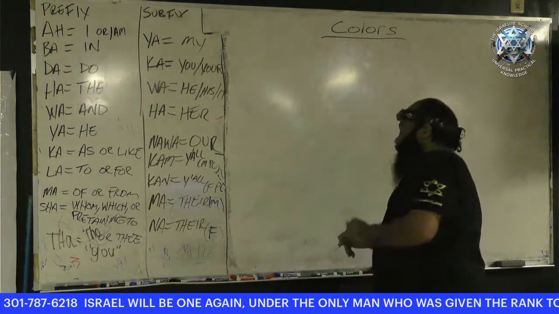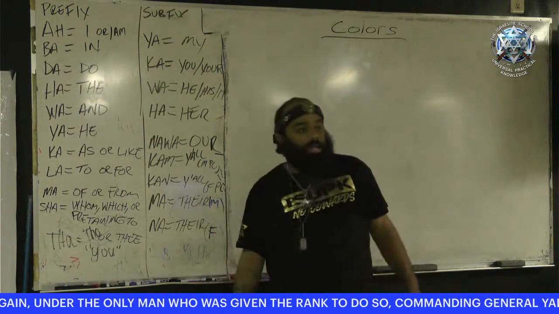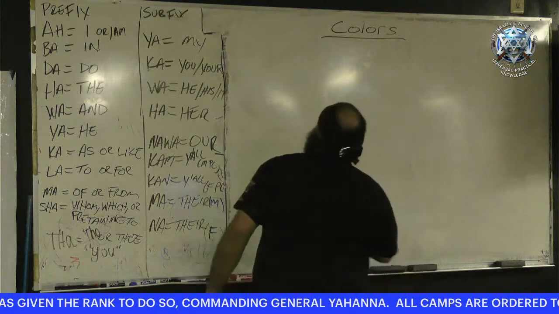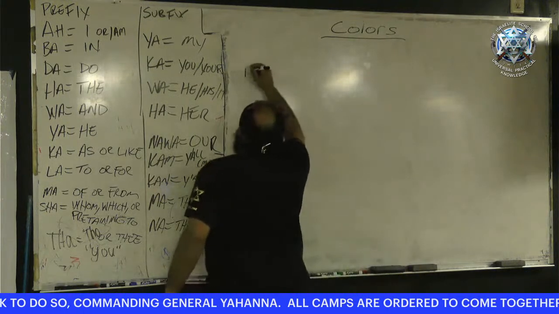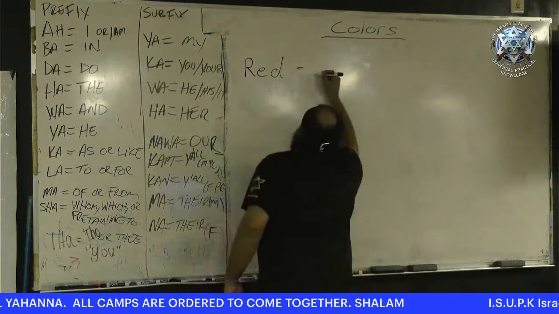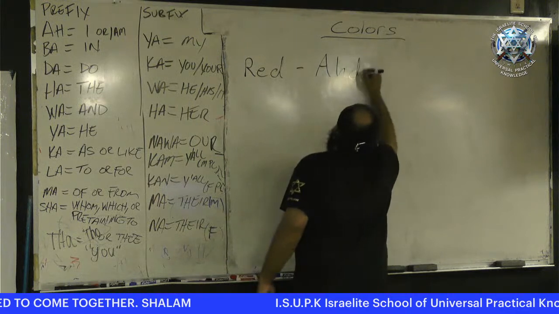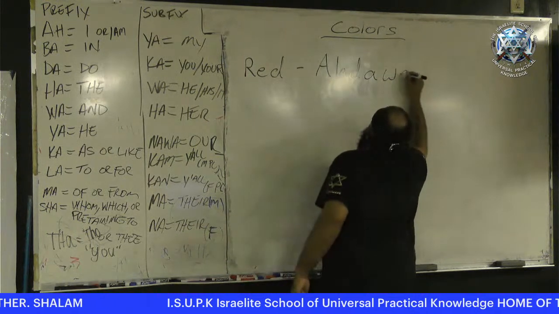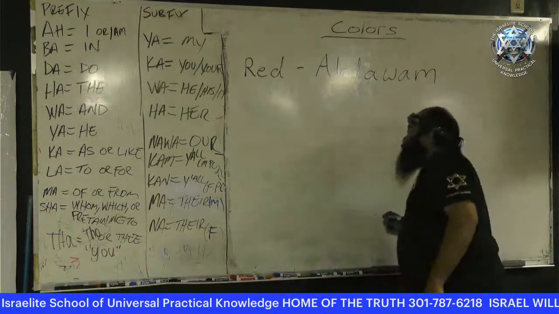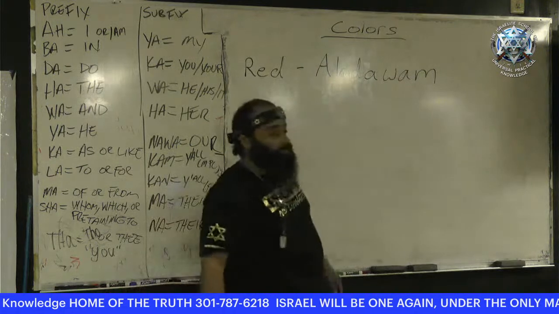All right, the first color we're going to start off with is the color red. Anybody know how to say red in Hebrew? No sweat. That's why this is a class. We learn. So red, Adawam. Does anybody have an idea why red is Adawam?